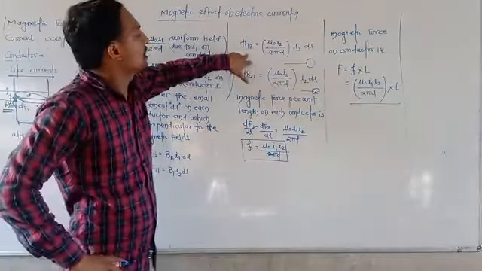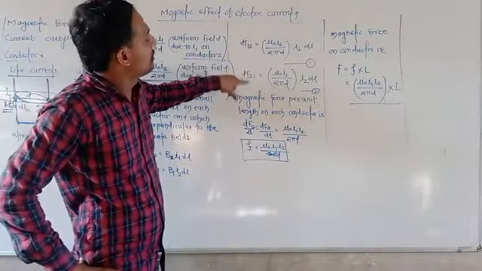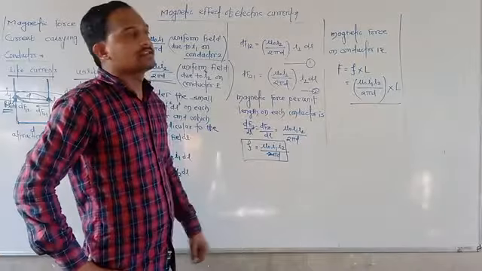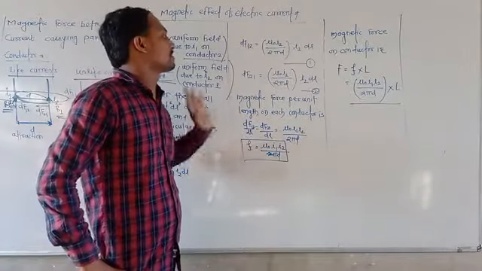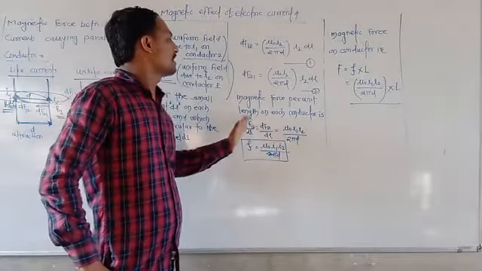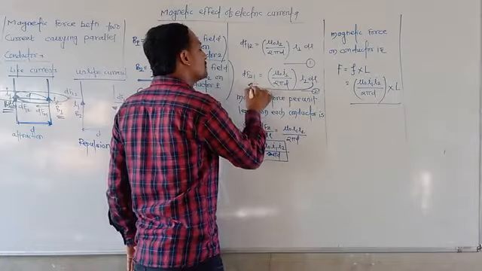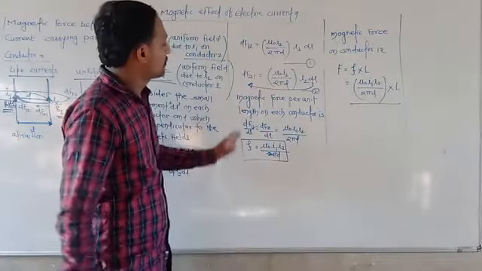We put the values of B1 and B2 in our first and second equations, and we get the forces for the smallest element. Then we find the magnetic force per unit length on each element, meaning we divide by dl.